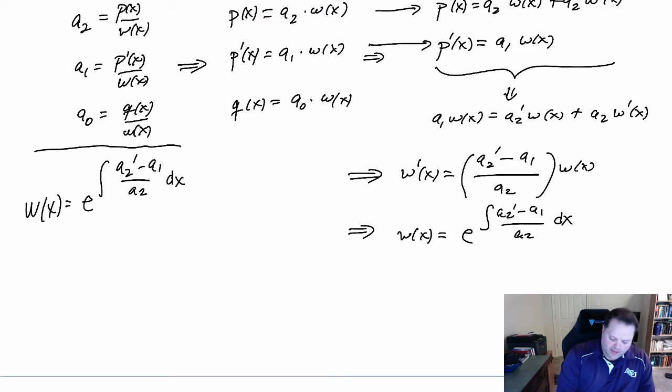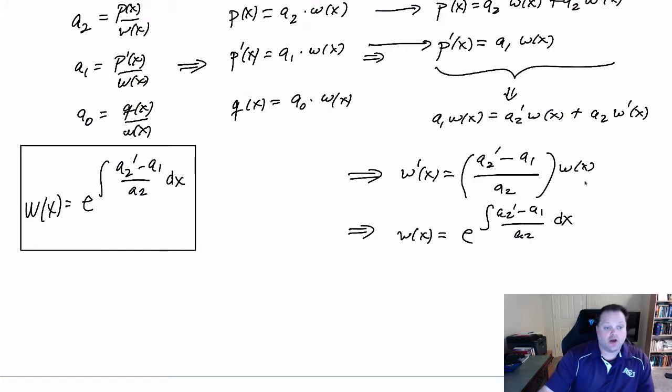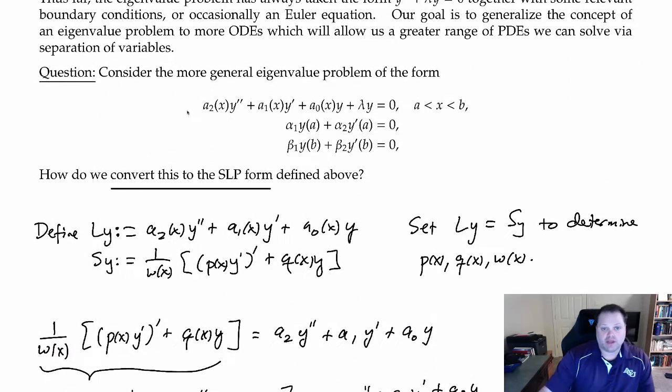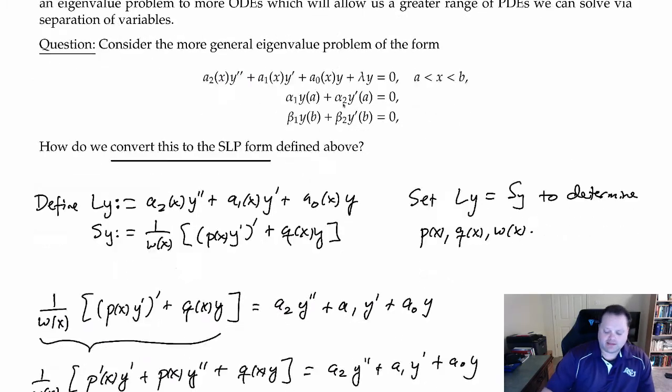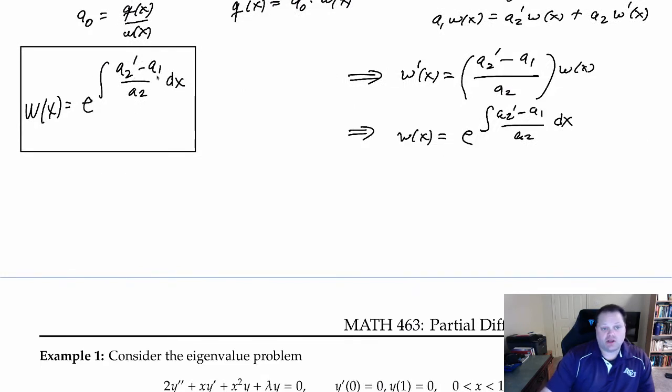W of x is given by this, so the assumption is on a problem like this you will know, because you'll be given the general form of the eigenvalue problem, right? You'll be given the eigenvalue problem that looks like this. So you will know a2, a1, a0. You'll be able to use a2 and a1, notice a0's not a part of this, to find this function. And this is a very important function, not only for these problems, but for applied mathematics problems in general. This is something that's called the weight function. And we're going to see why it's called that here in a little bit.